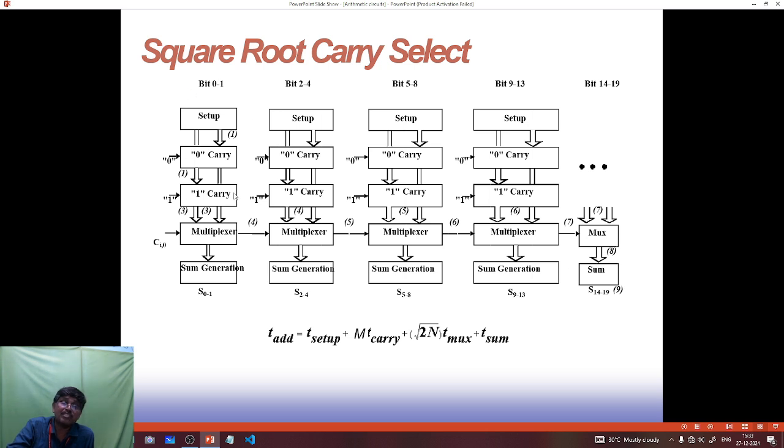The concept is that the first block consists of 2 bits, the second block consists of 3 bits, the fourth block consists of 4 bits, and the fifth block has 5 bits. So linearly the bits are increasing. That is why T add is equal to T setup plus T carry plus root of 2n into T max plus T sum. So this is about the square root carry select adder.